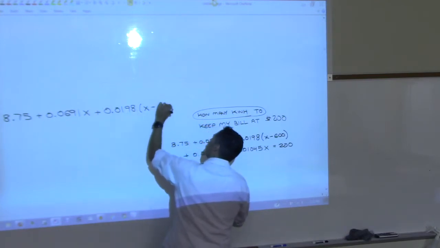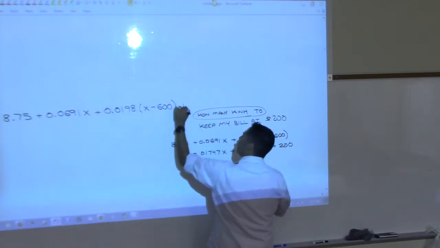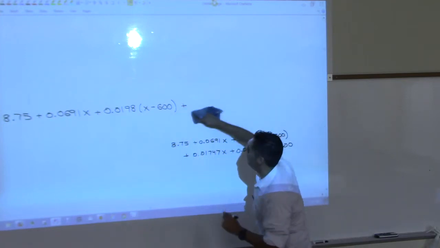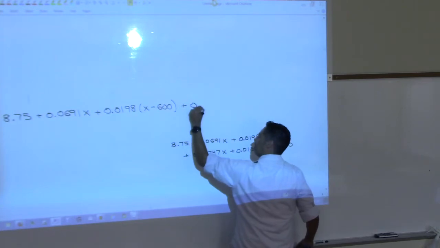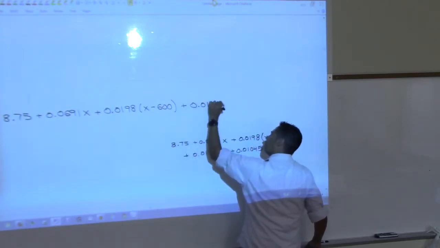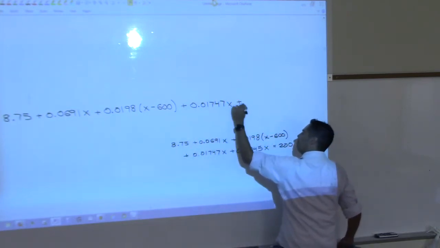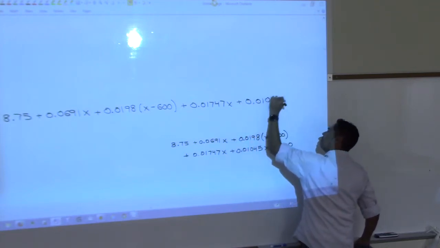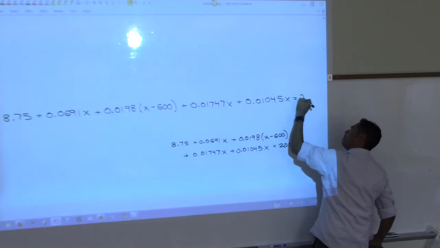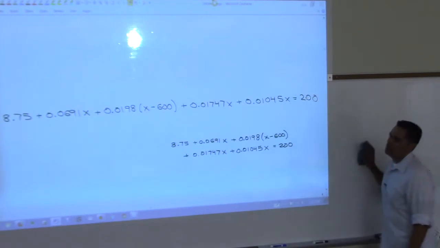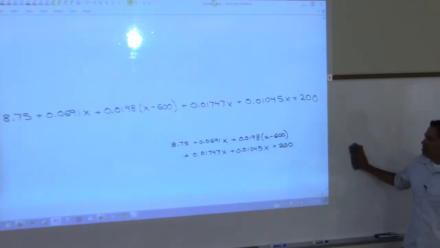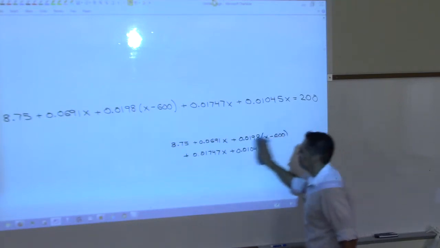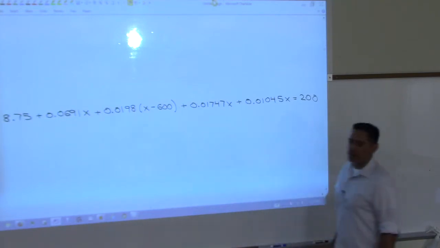I'm trying to make it all look like one line, so it looks more like linear equations that you might be familiar with. There we go. That is a linear equation, not so pretty, but definitely real world, right? Okay. Let's solve for x.